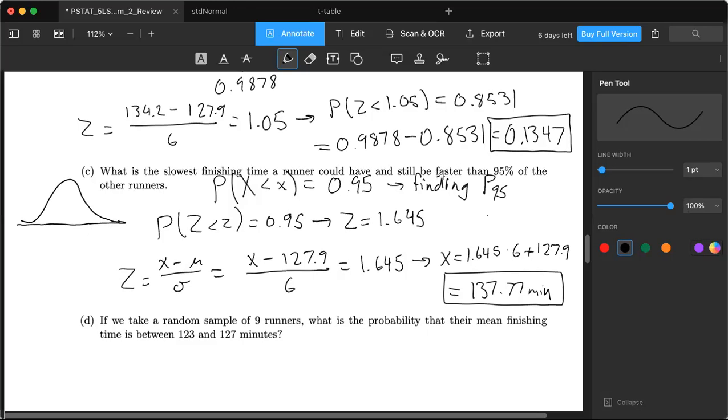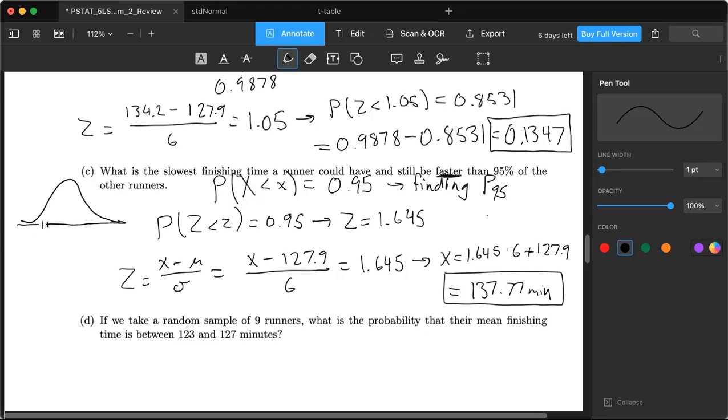And being faster than 95%, oh, actually, you're totally right. I just did this problem wrong. That's what I get for not doing these problems beforehand. So it's good that somebody just pointed that out. If you're faster, then you're actually going to be in the lower times.